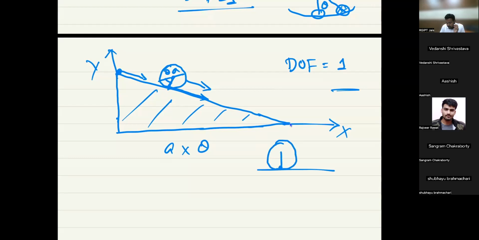Rotation means at the point of contact there is no velocity, but slipping means the point of contact can also have some velocity. It can slip along some direction. In the first case, I told you that there is no slipping, so the coin only rotates. But now I am saying this coin can slip, but it can also rotate. Then how many degrees of freedom will we have in this case?